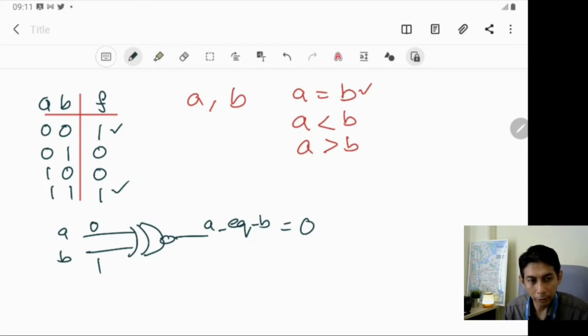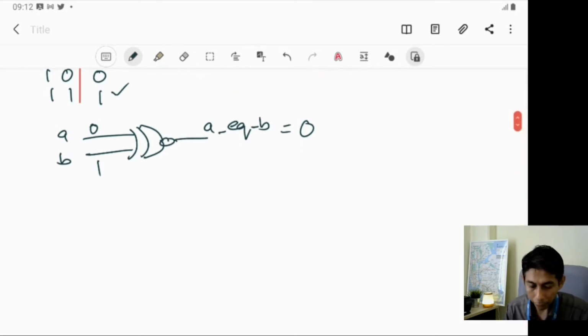So if A and B are not equal, we can have other possibilities, whether A is less than B or A is greater than B, right? To do that, we need another kind of circuit.